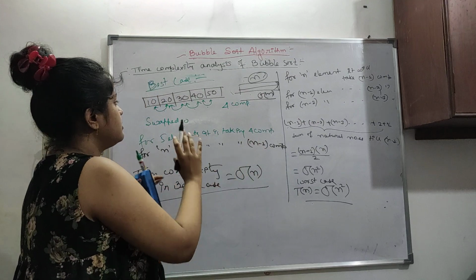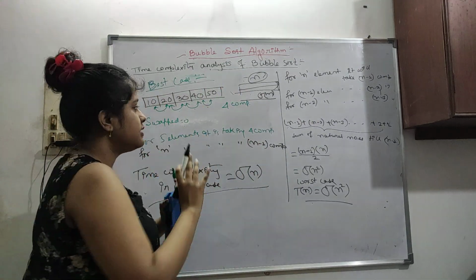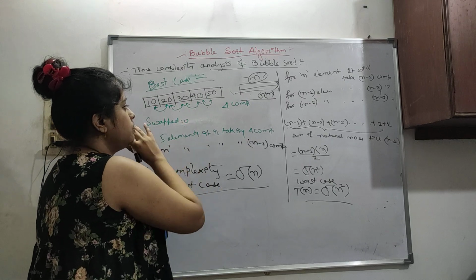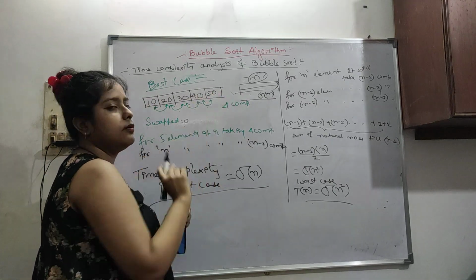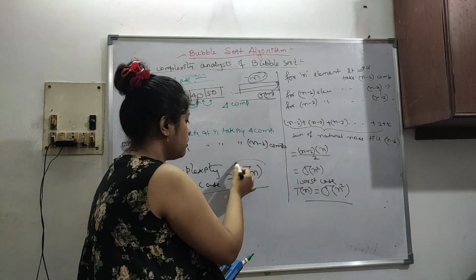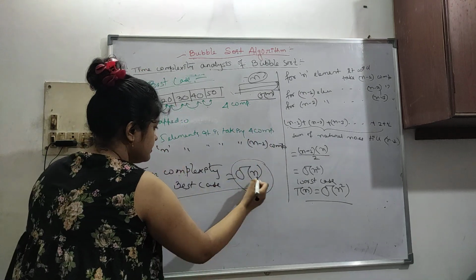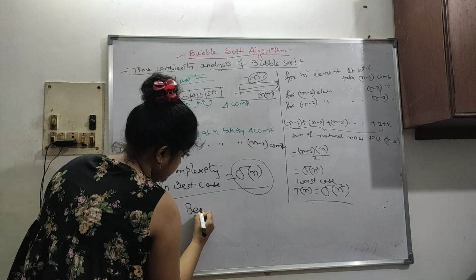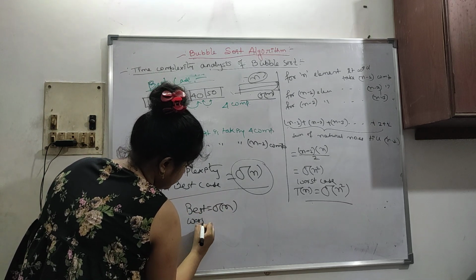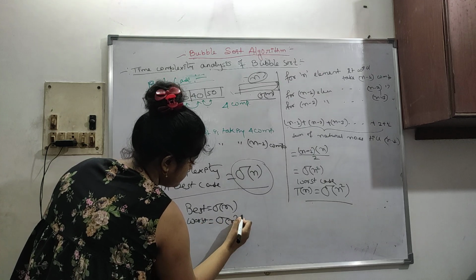So the best case is order of n, and the worst case is order of n square.